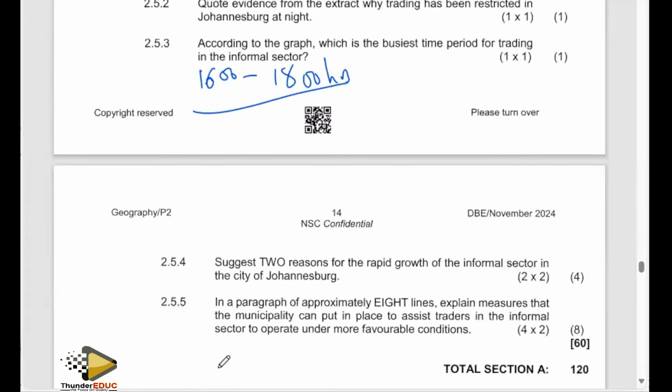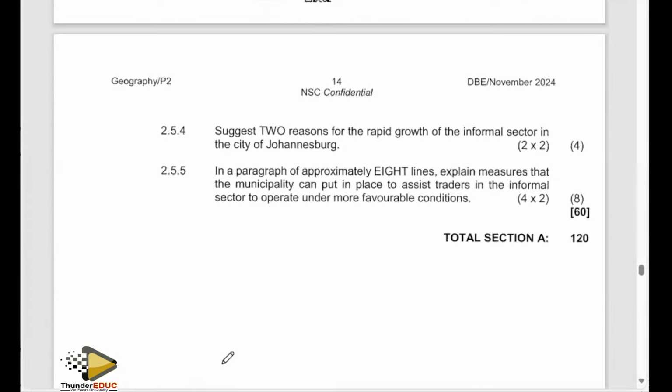Suggest two reasons for the rapid growth in informal sector in the city of Johannesburg. Why do we have so many people engaging in the informal sector? There are so many reasons for that, why we tend to have so high numbers of people in the informal sector. The first reason is unemployment in the formal sector.